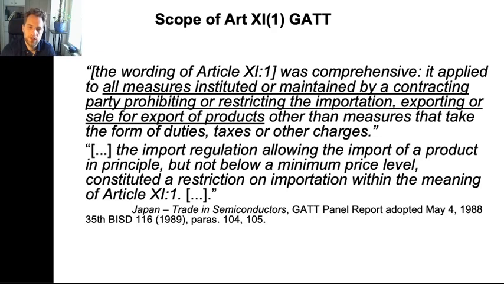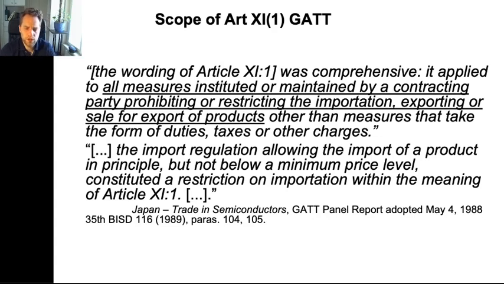The wording of Article 11, paragraph 1, and now I quote, was comprehensive. It applied to all measures instituted or maintained by a contracting party prohibiting or restricting the importation, exportation, or sale for export of products other than measures that take the form of duties, taxes, or other regulations.